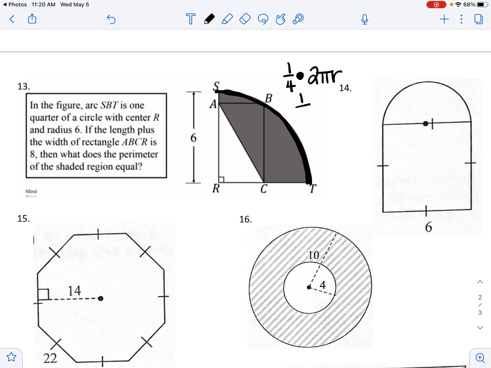So this is 1/4 times 2 pi 6. 6 times 2 is 12, and 1/4 of 12 is 3 pi. So that arc is 3 pi. So what we have to figure out is this side, and this length.